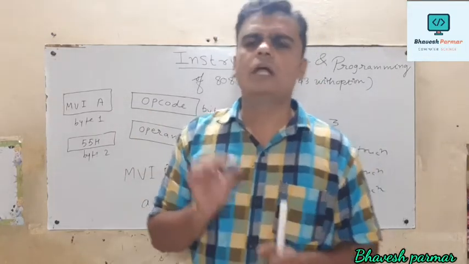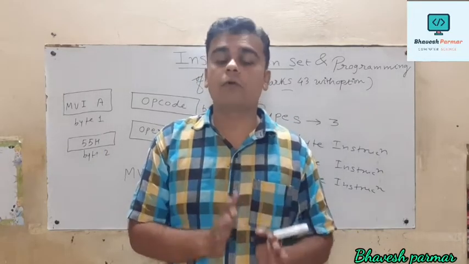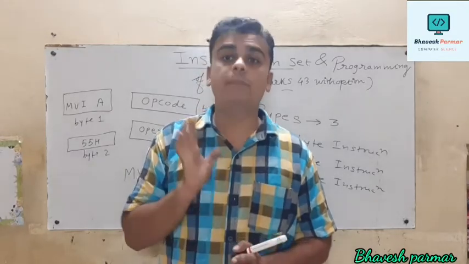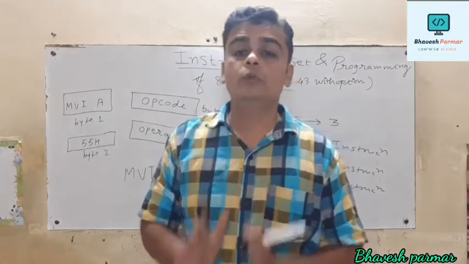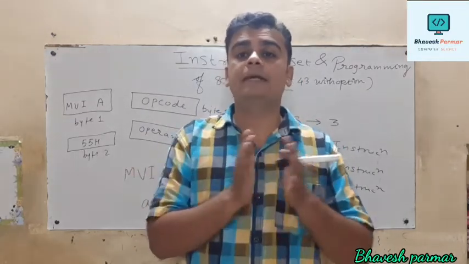So let me take the review. How can we identify a 1 byte instruction? Whenever we perform an operation on a register, it is called a 1 byte instruction. And what happens in a 2 byte instruction? In 2 byte instructions, opcode and operand are stored in separate memory.